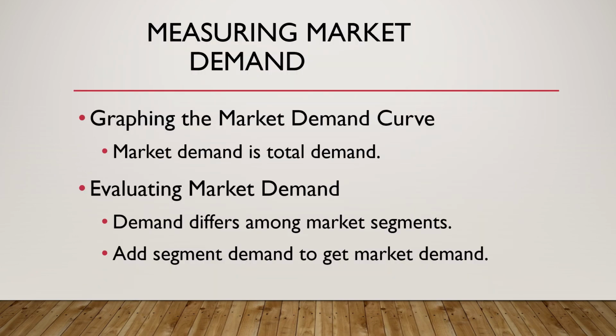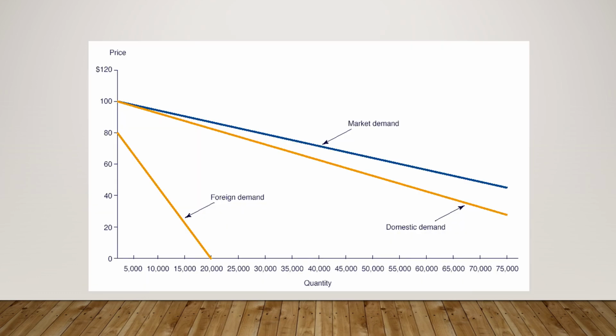Now, market demand is the total demand. Demand differs among market segments, and in order to get the market demand, you just have to add the segment demand. For example, demand coming from the foreign market and domestic demand.